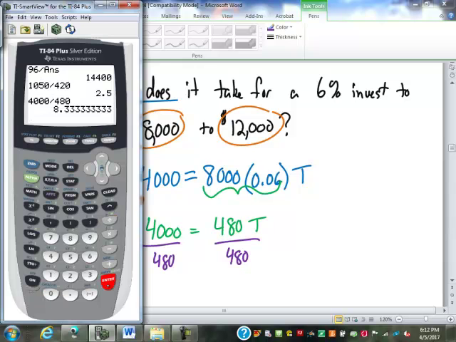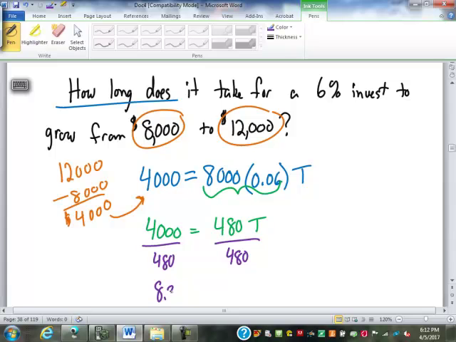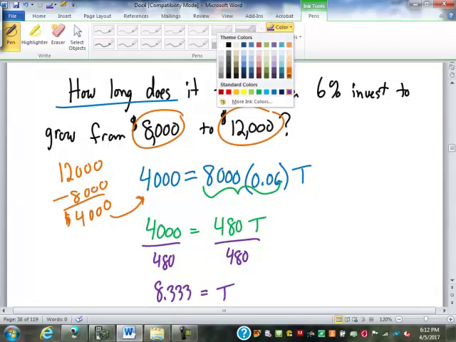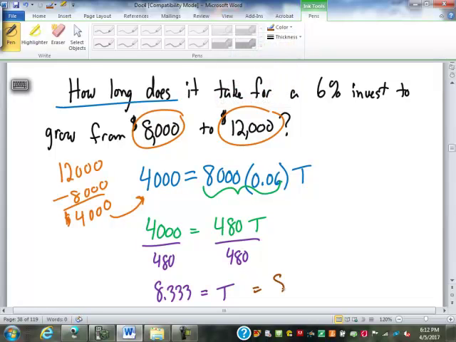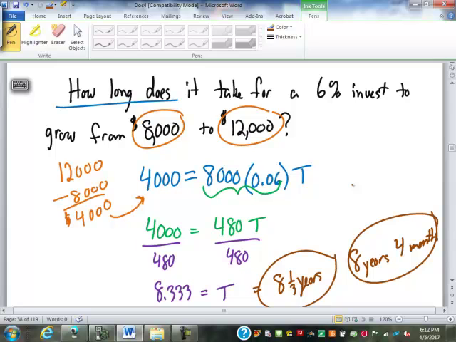We have 8.33 equals T. So that is 8 1/3 years. If you did 8.33 years, that'd be fine. Or you could say 8 years and 4 months. So any of those three answers, 8.33 or 8 1/3 or 8 years, 4 months.